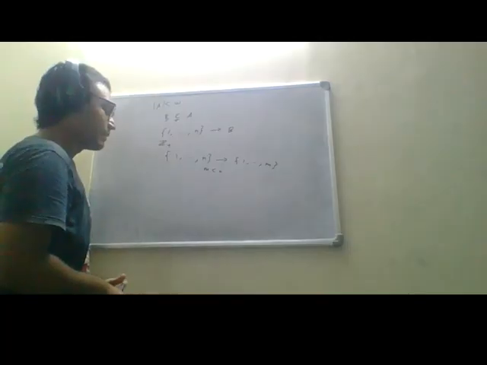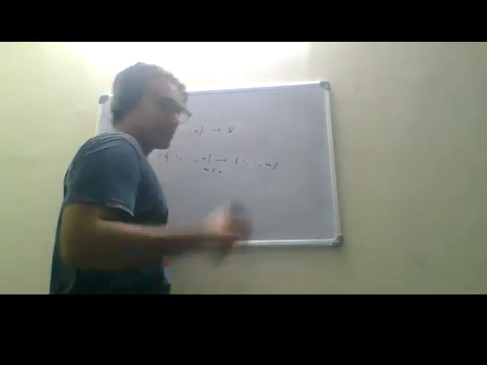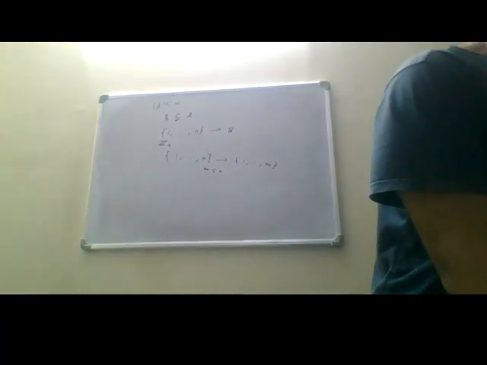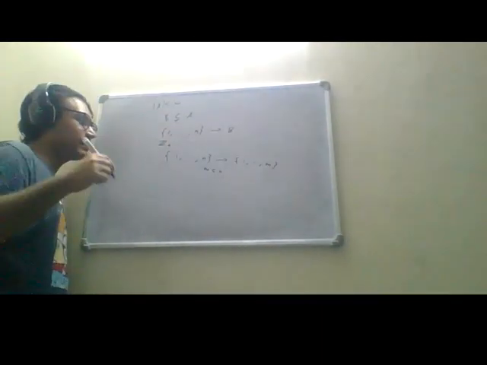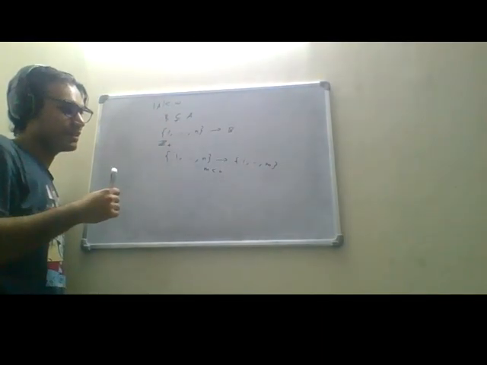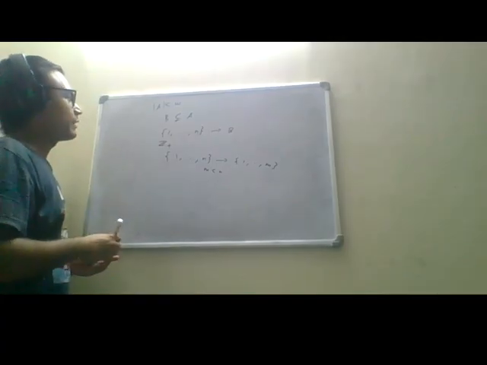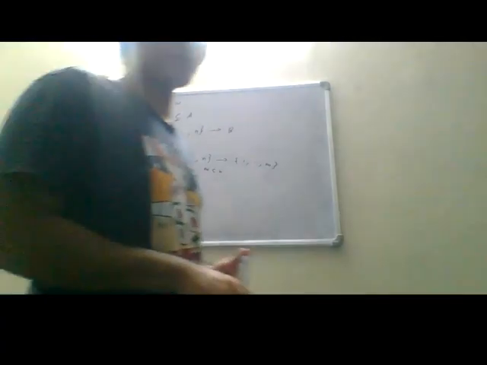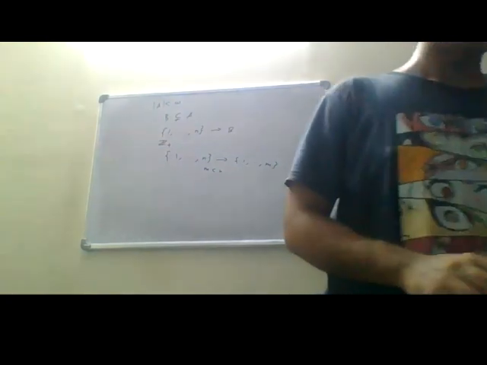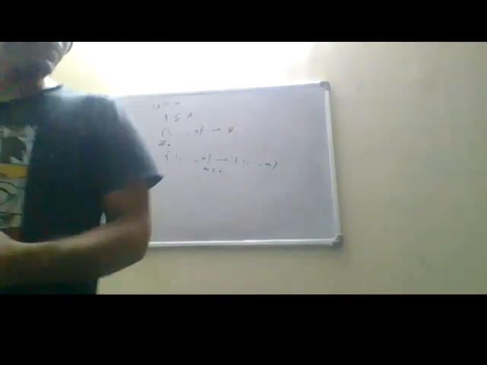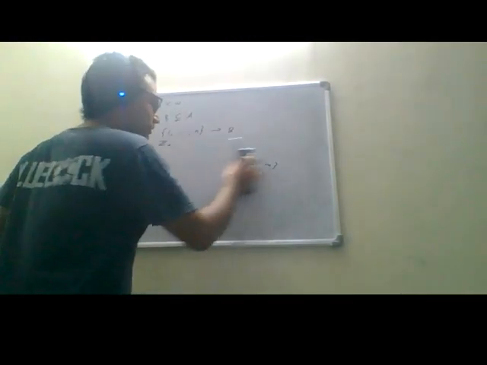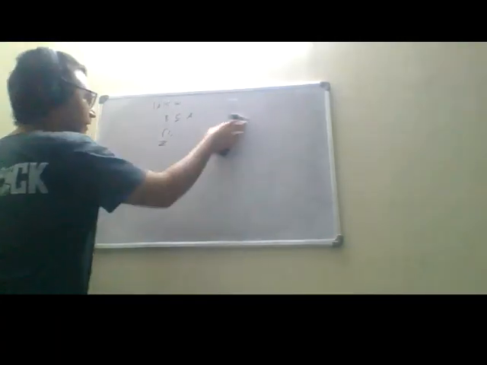So it's a proper subset, and it contradicts the lemma again, or theorem. So cardinality of B is less than A by definition, and any subset of a finite set is finite. And the last two theorems are also quite important. So we have three big theorems, and that's about it.